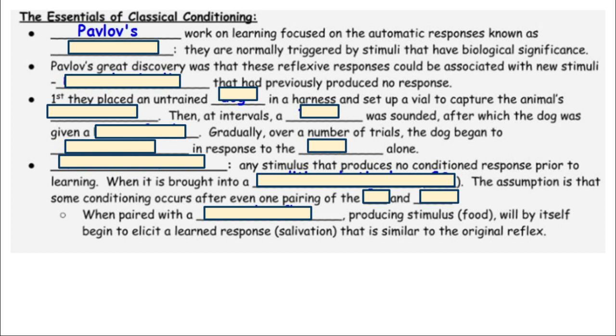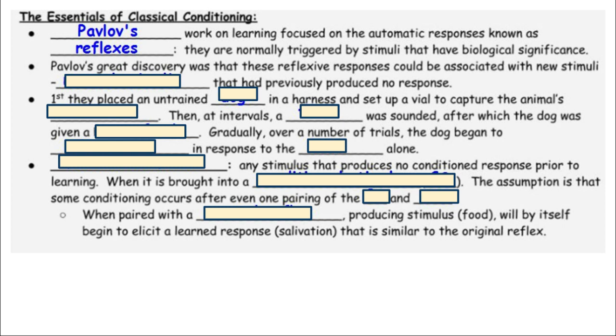So, Pavlov's work on learning focused on the automatic responses known as reflexes. Reflexes are normally triggered by a stimulus that has a biological significance. So, we could do an experiment where we basically condition a person to have their eyes dilate on the command of maybe a bell.